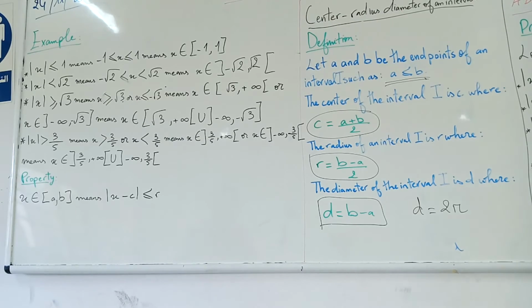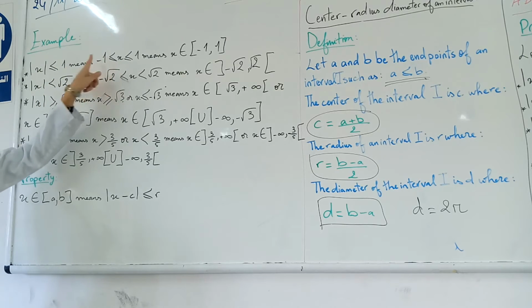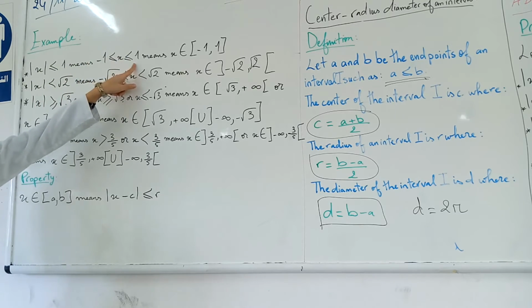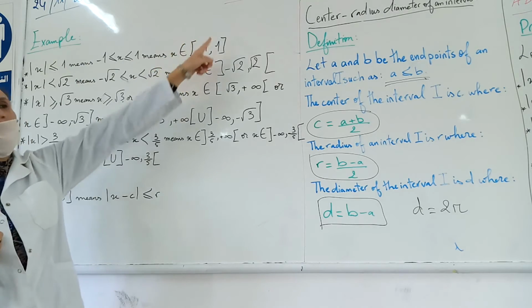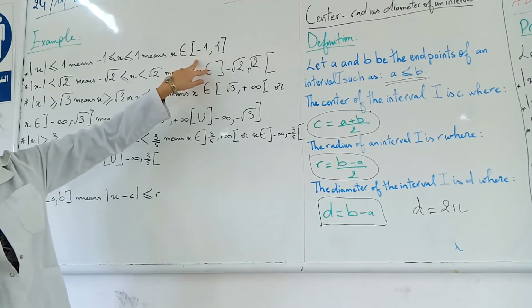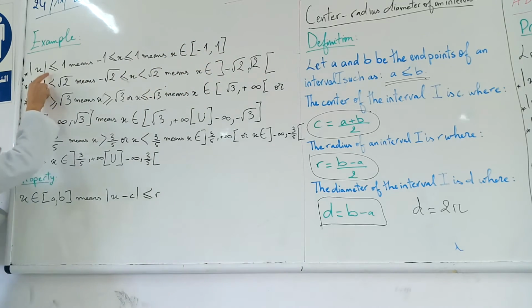So, for example, you have absolute value of X less or equal 1. R here is 1. It means X is between minus 1 and 1. X belongs to [minus 1, 1] with closed interval because you have less or equal.